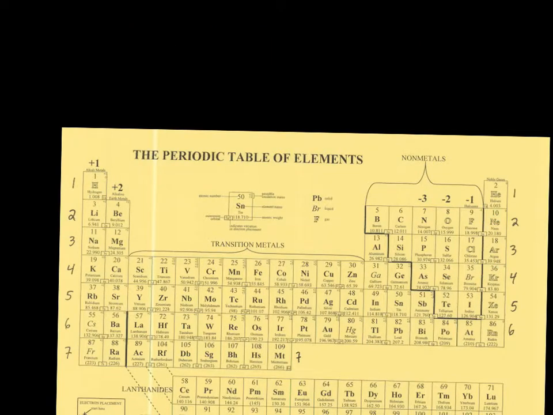Now let's do the reverse. Let's say I were to give you CCl4. First of all, you have to recognize carbon's over here in nonmetal land. Cl is over here in nonmetal land. So we will not use charges at all. We will not use Roman numerals. We will just use prefixes if we need them. So you have 1 carbon, so you'll just flat out write out the first word, carbon.